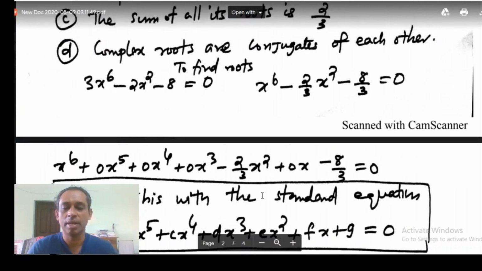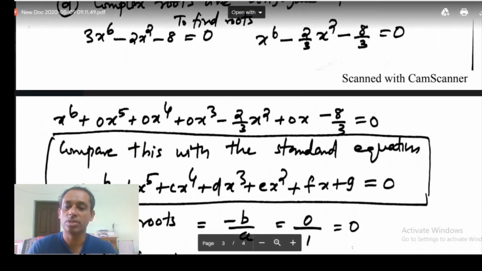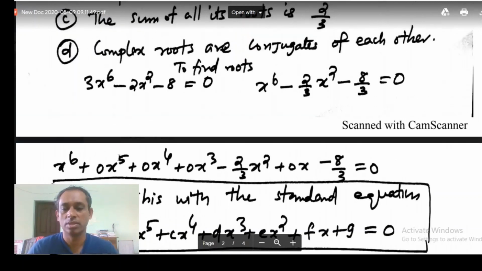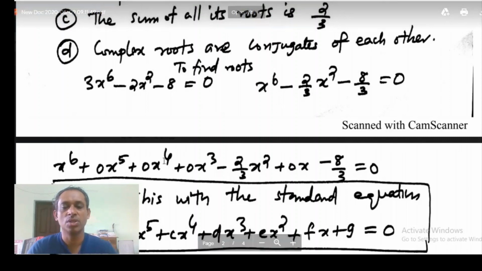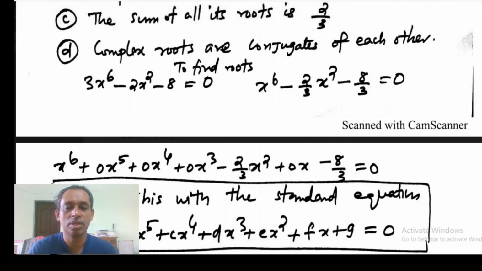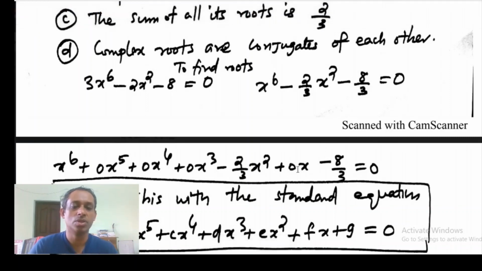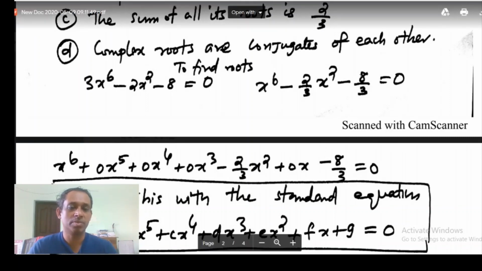And I am converting this equation into this format. So I have x raised to 6, x raised to 5 is not present here, so 0x raised to 5, 0x raised to 4, 0x cube, minus 2 by 3x square, 0x, x is not present here, 0x, minus 8 by 3 equal to 0.